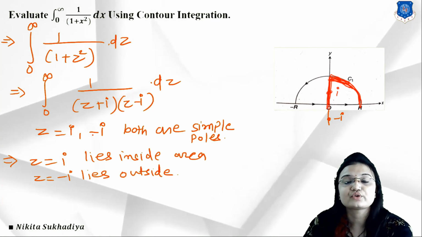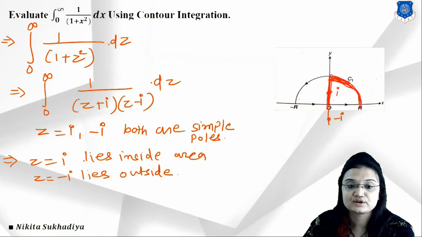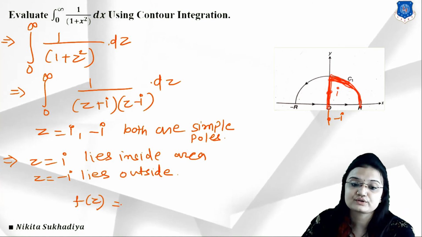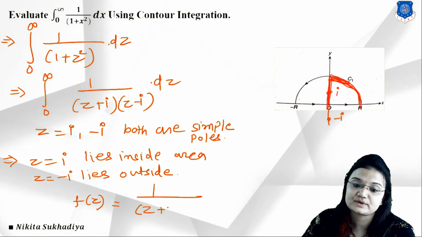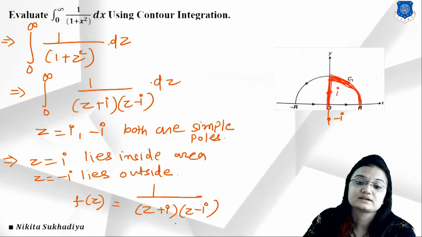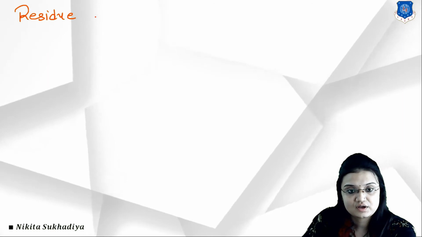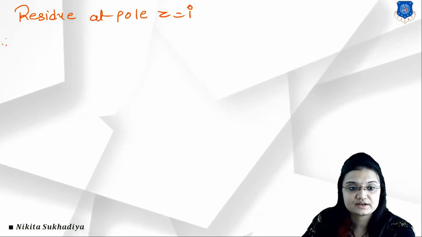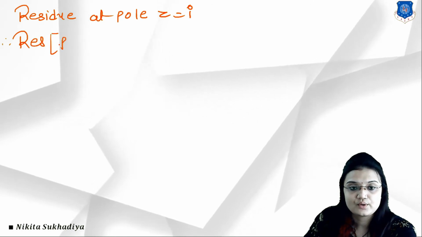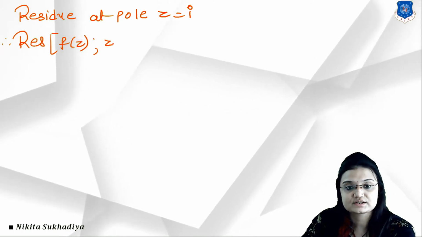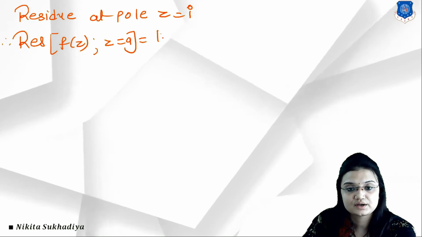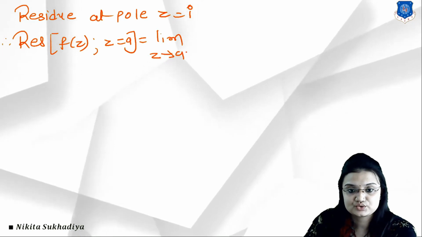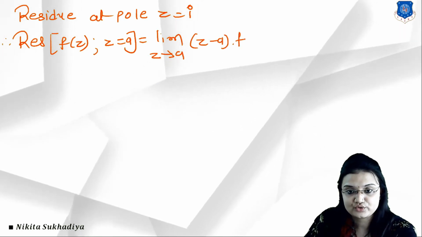Okay, so we have to find residue at the pole z is equal to i, and here we have function f of z, that is 1 upon z plus i and z minus i. Okay, so residue at pole z is equal to i, that is residue of the function f of z at z is equal to a, limit z tends to a, z minus a into function f of z.